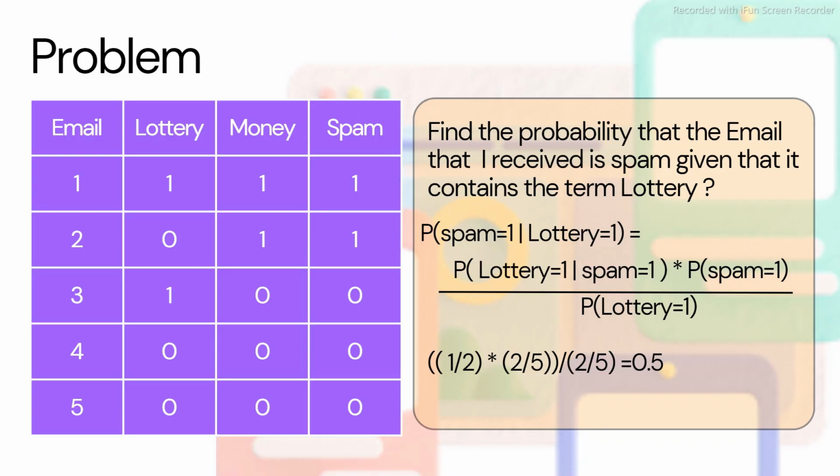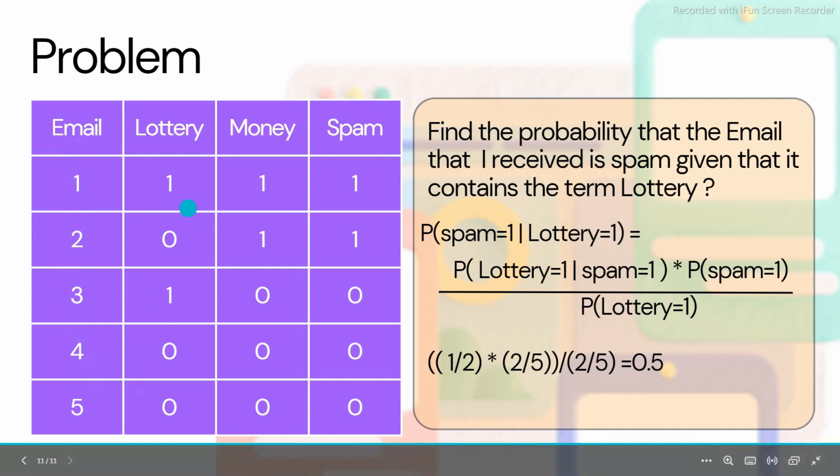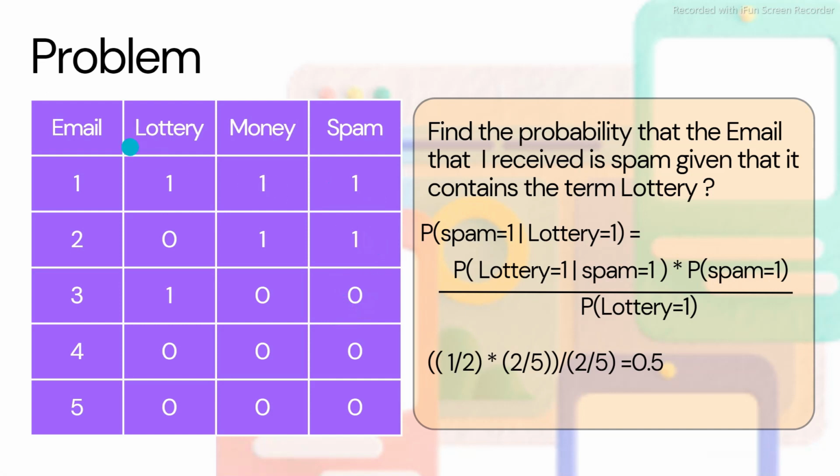Okay, now I'm going to discuss the problems related to the naive Bayes. We are given a data sheet that includes emails, and those emails are categorized into spam or not spam. Here we have the first email, second, third, fourth, and fifth email, and those are categorized into spam or not spam based on the words lottery and money. If both the words are present, lottery and money, then it is categorized as spam.